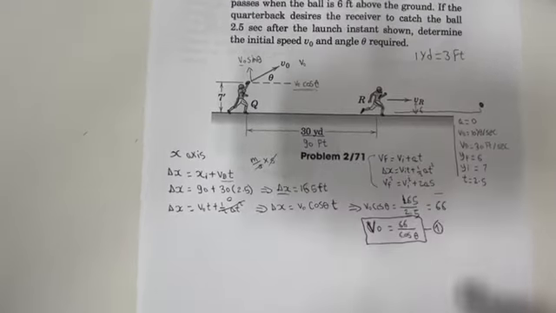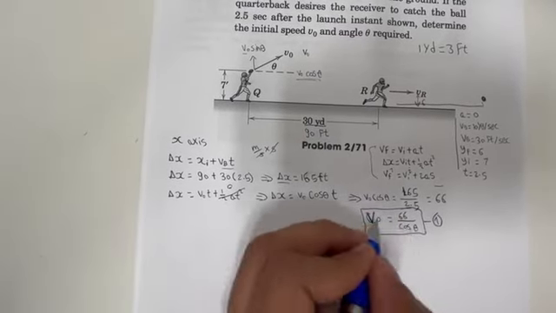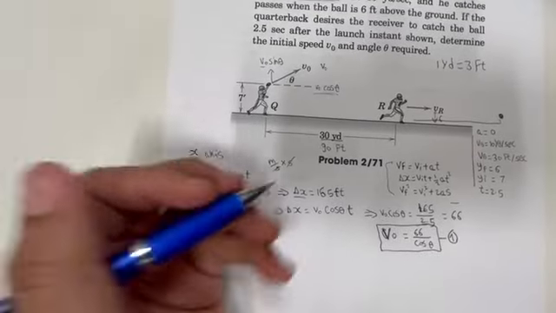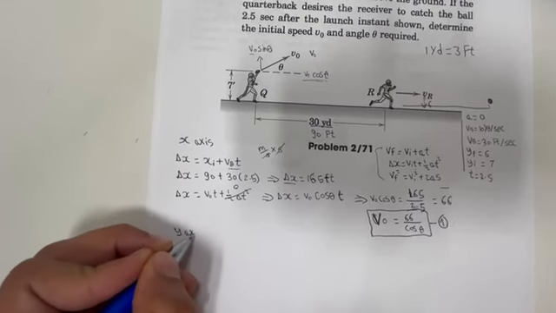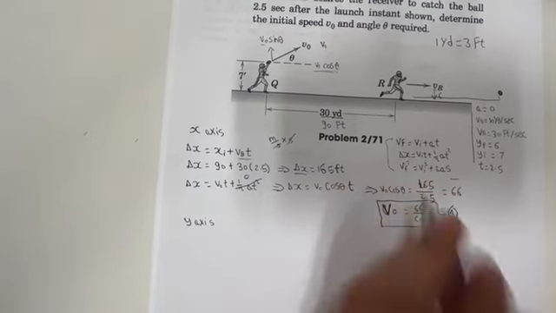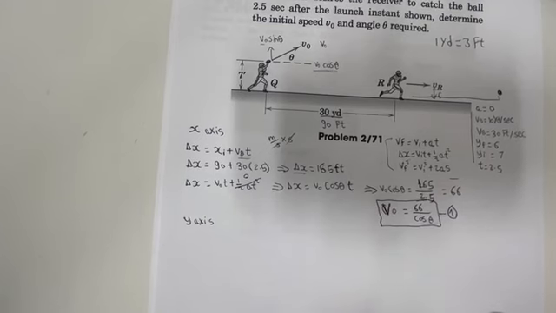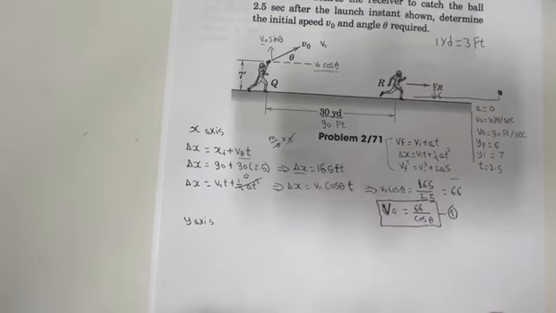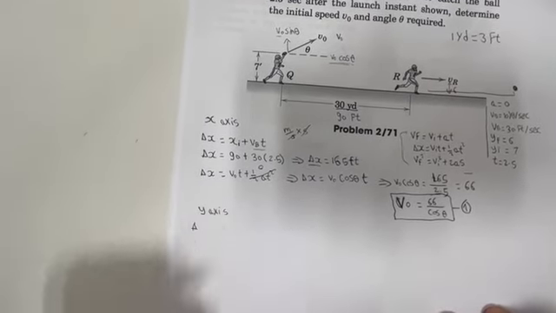Let's get the y direction. Now we have two unknowns, so we need two equations, and we have them, as I said, because it's a 2D problem. So let's get the y-axis, and we are going to use the same equation, because you're looking for the one that can help you the most. You have v naught, and all the others are given.